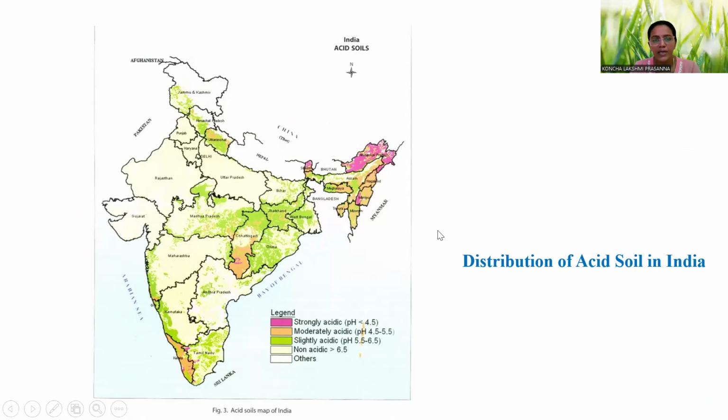Strongly acid soils with pH less than 4.5 are present in some parts of Arunachal Pradesh, Manipur and Sikkim. Slightly acidic soils have a pH range of 5.5 to 6.5, present in West Bengal, Jharkhand, Orissa, Chhattisgarh, Madhya Pradesh, Himachal Pradesh, Uttaranchal, and some parts of Karnataka and Tamil Nadu. Non-acidic soils have a pH greater than 6.5, present in Maharashtra, Karnataka, and Andhra Pradesh.